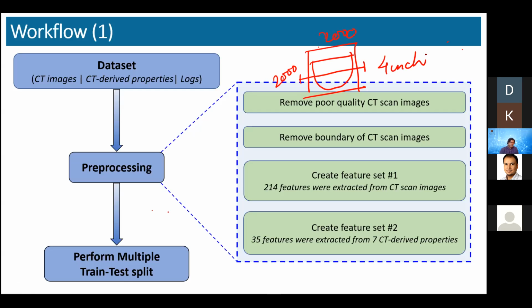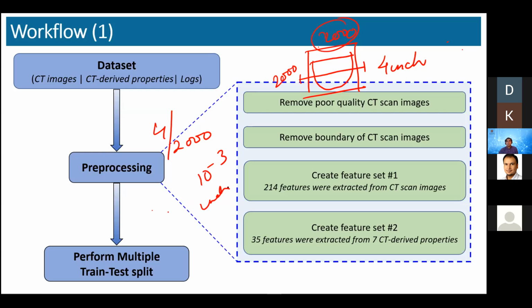So each pixel is 4 inches divided by 2000 pixels, approximately 10 to the power minus 3 inches. So each side is approximately 0.001 inches. Thank you. Anything else?